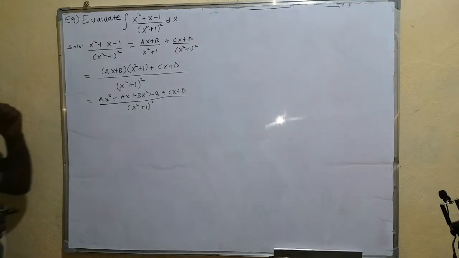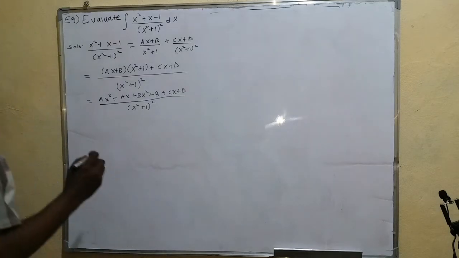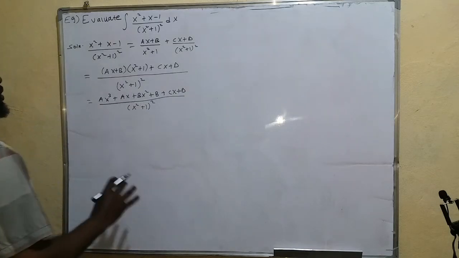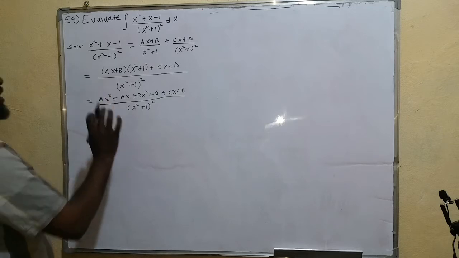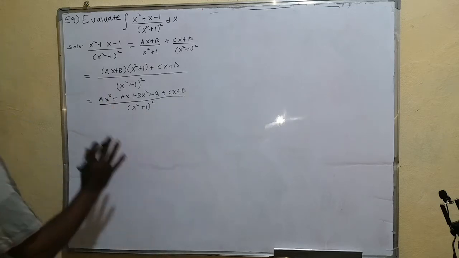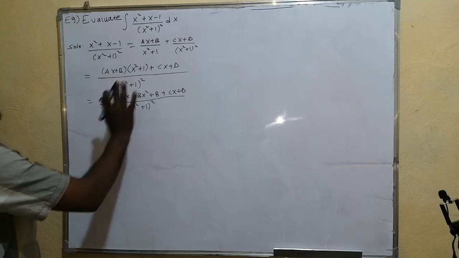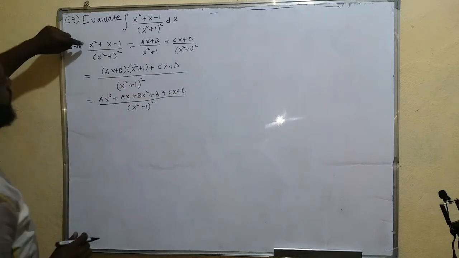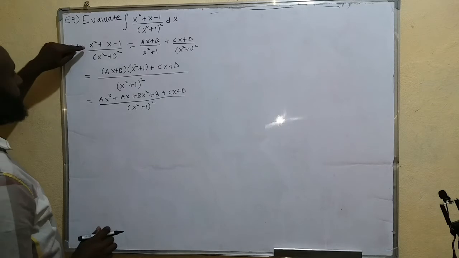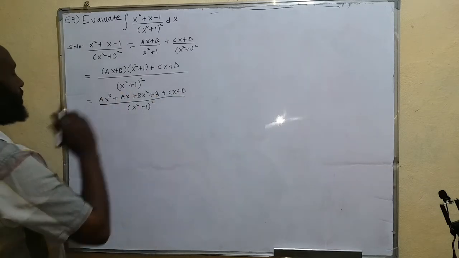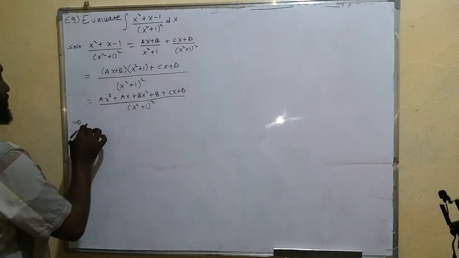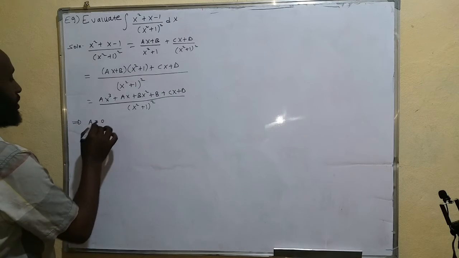So what we need to do is look for the coefficients of the same power on both the left and right hand sides. For example, for x cube, we don't have an x cube on the left hand side, and this is the only x cube on the right hand side. Therefore, this tells us automatically that the value of a is 0.